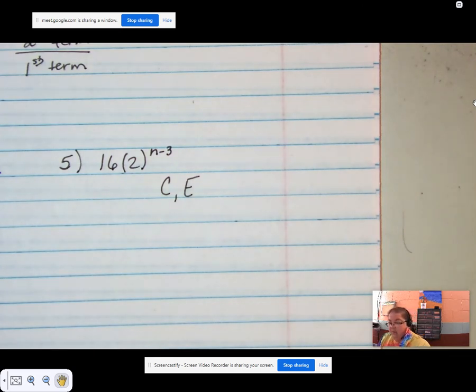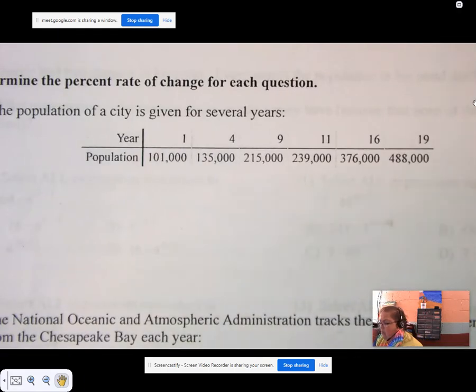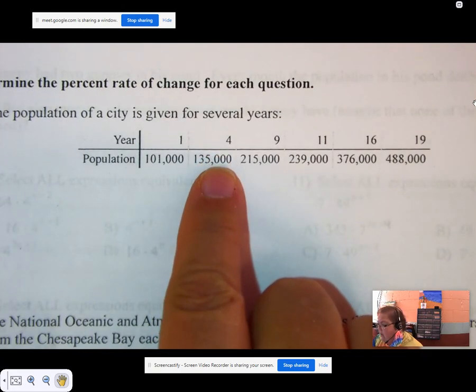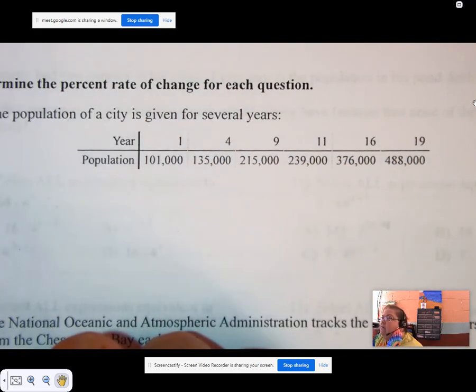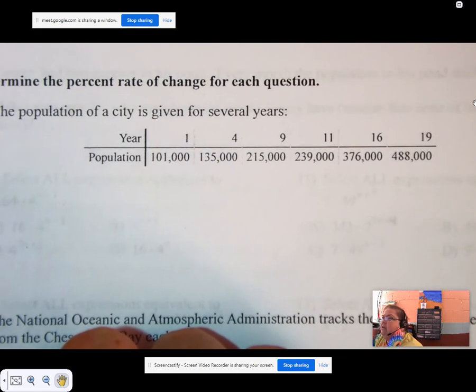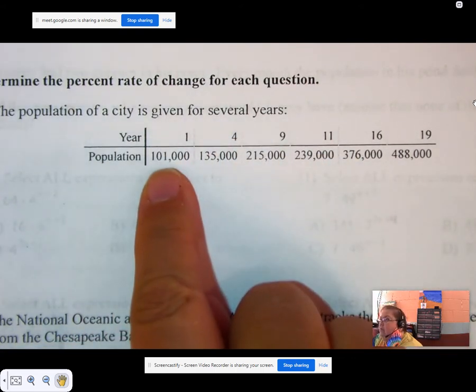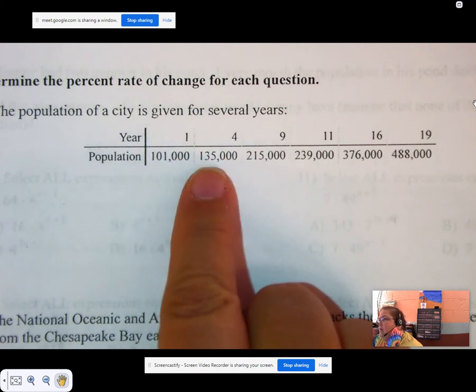Going back to the front, number 4, determine the percent rate of change. Like with number 4 here, where you just have this table, here are your years. It's that same idea where we're going to find that rate of change. First of all, looking at the first term and then the second term, is this going to be a growth or a decay?